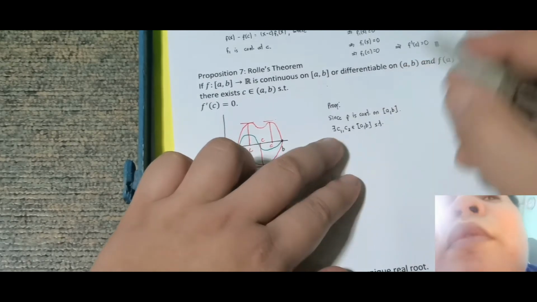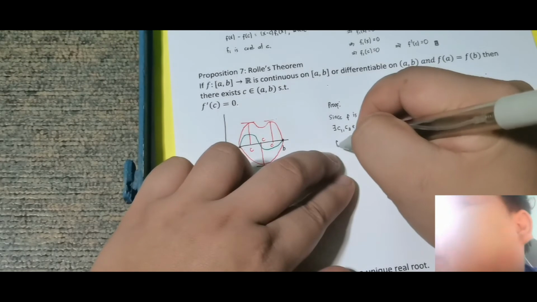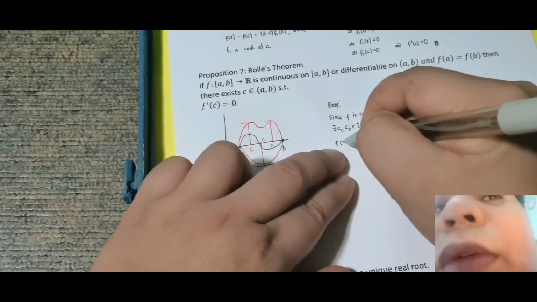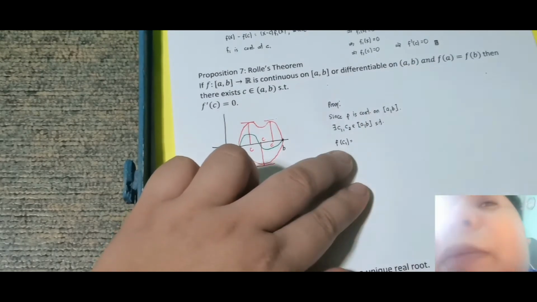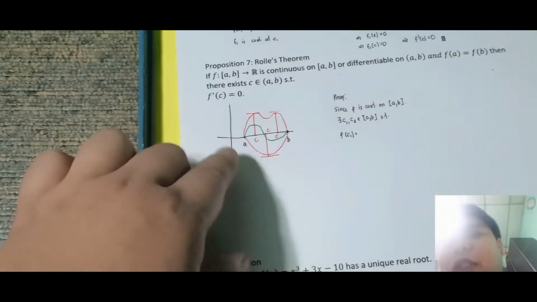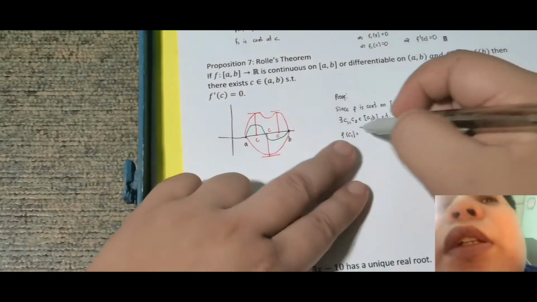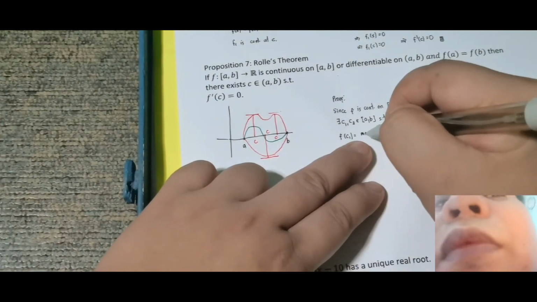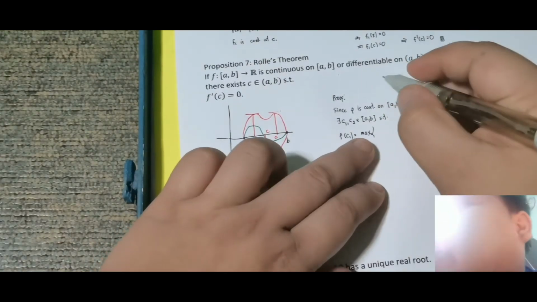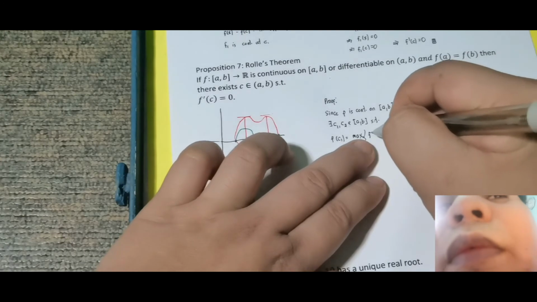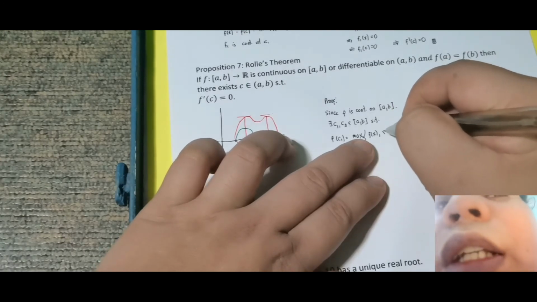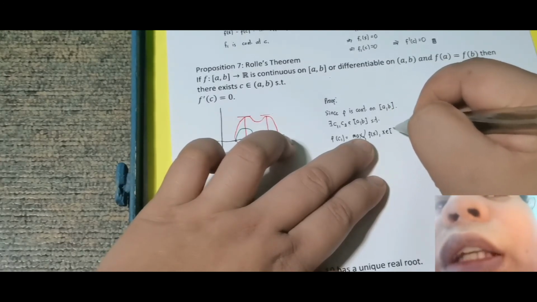Such that by EBT, yung f of c1, for example, kinuha ko, ito yung c1 and yung maximum na yan. So f of c1 is the maximum of f of x such that x is an element ng interval [a,b].